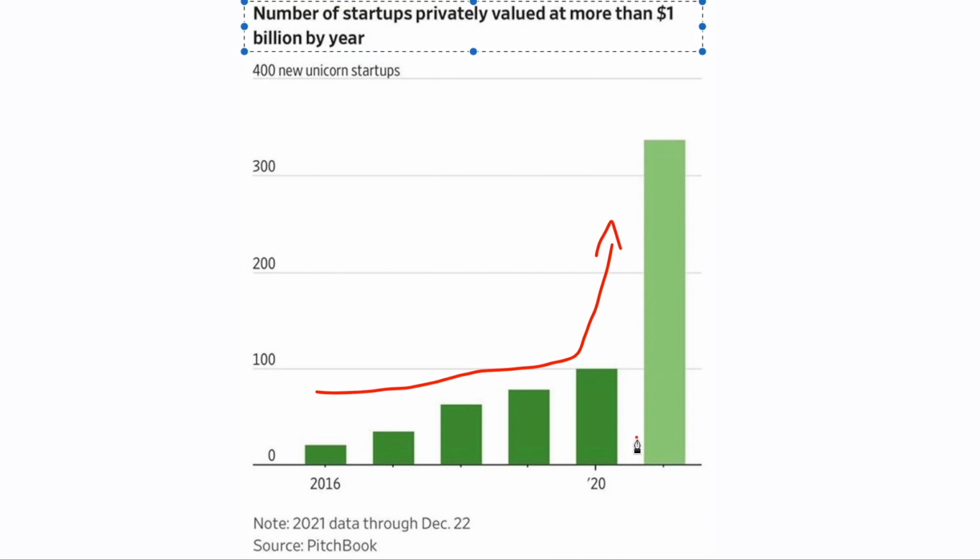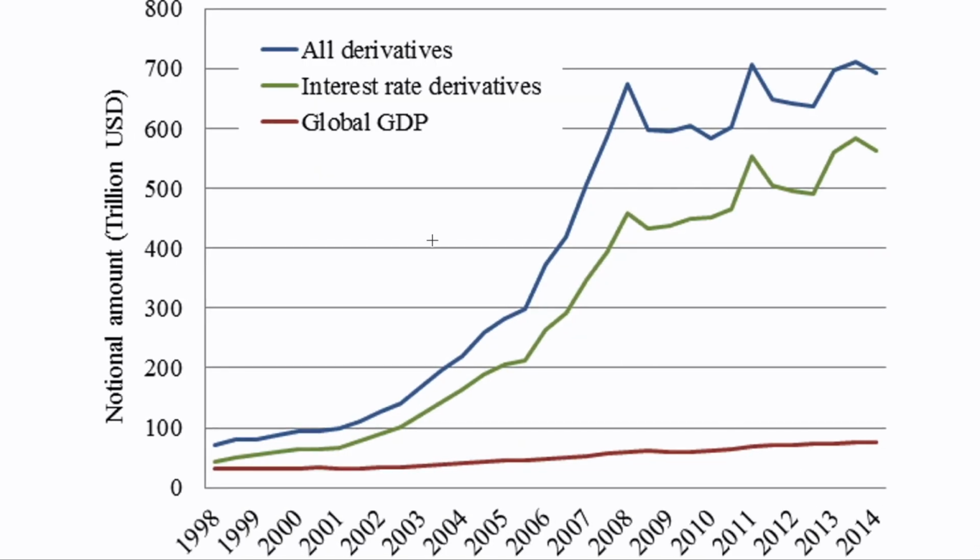I wouldn't say this is healthy market behavior. And that combined with the fact that there's still a lot of leverage in the system, right? You take a look at the derivatives, the total amount of derivatives in the system were at levels that we've just never seen in stock market history, with 700 trillion US dollars in derivatives.